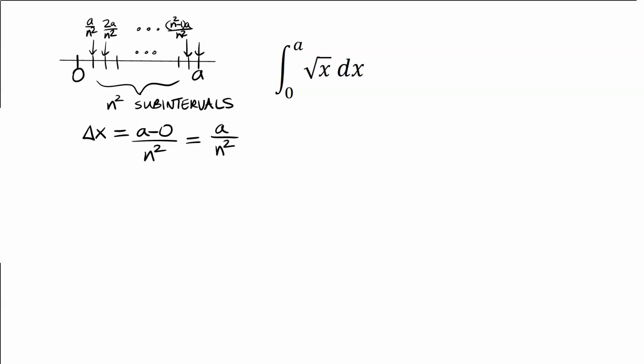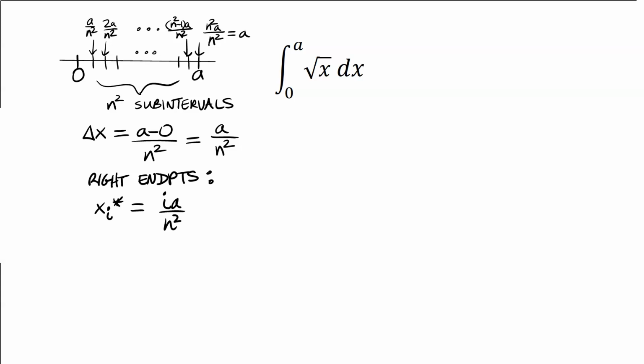And then, of course, the last one is n squared a over n squared, which is just a. Okay, so we're using right endpoints. And so this means our sample point for the ith subinterval is going to be i times a over n squared, so ia over n squared. Okay, so that's the setup.